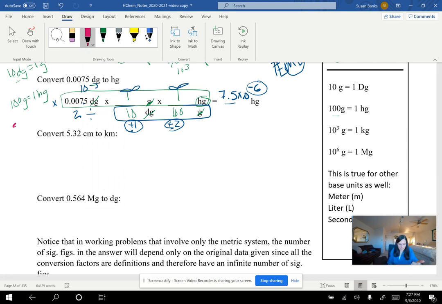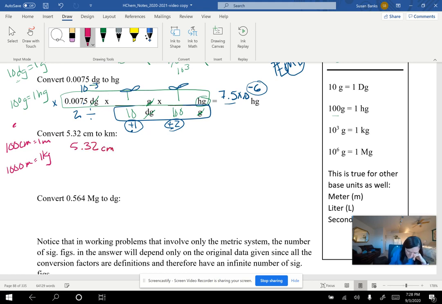So we need centimeters to meters for our first switch, and then we need meters to kilometers. So centi is 100. So I have 100 centimeters in 1 meter, and then I have 1,000 meters in 1 kilometer. Okay, so those are the 2 conversion factors that I'm going to need for this. I'm going to start with the number that I'm given as well as the unit that I'm given.